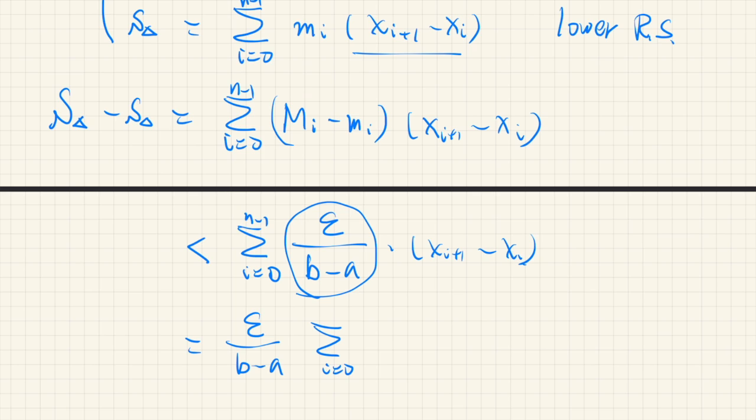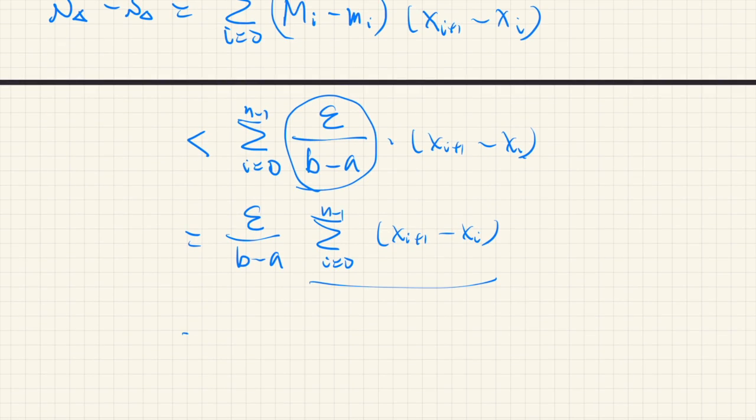And we have this sum. But if we expand this summation, we have x1 minus x0 plus x2 minus x1 and so on. So this x1 and this x1 cancel out, and this x2 will also be cancelled and so on.